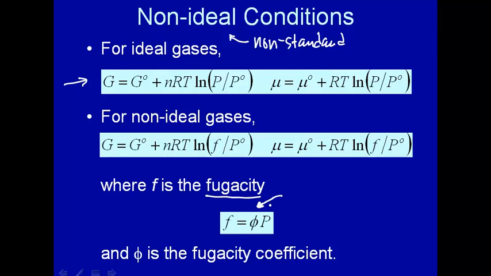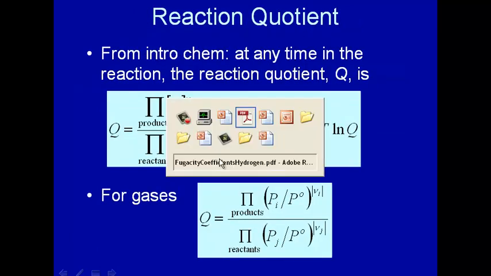You multiply those by the pressure of the gas, the actual pressure of the gas, and then you get a fugacity, which you then plug into these in place of the ideal gas pressure. You plug in the fugacity. Let's sort of do that here. So we said the fugacity F was some fudge factor called the fugacity coefficient times pressure.